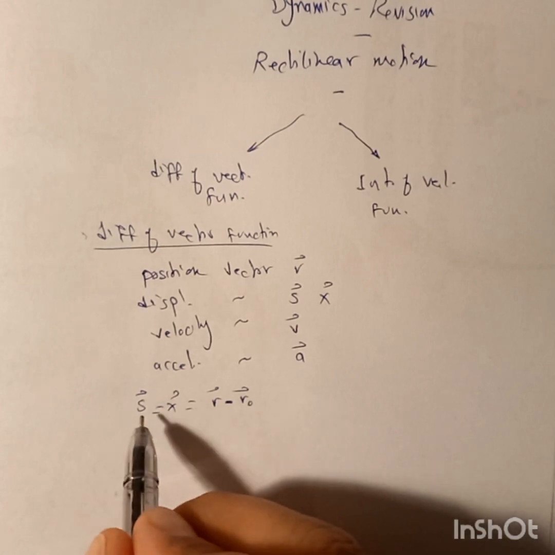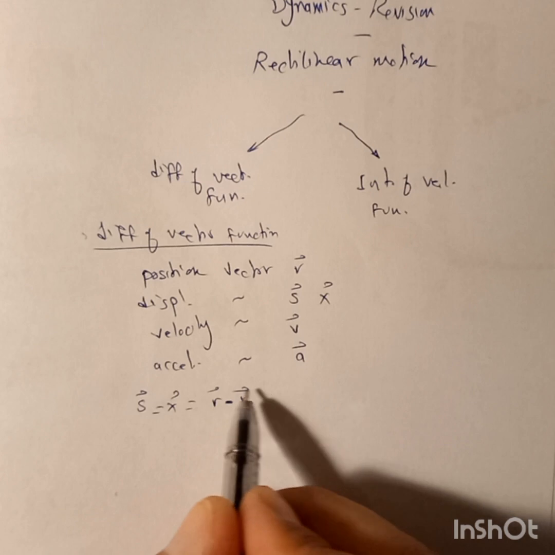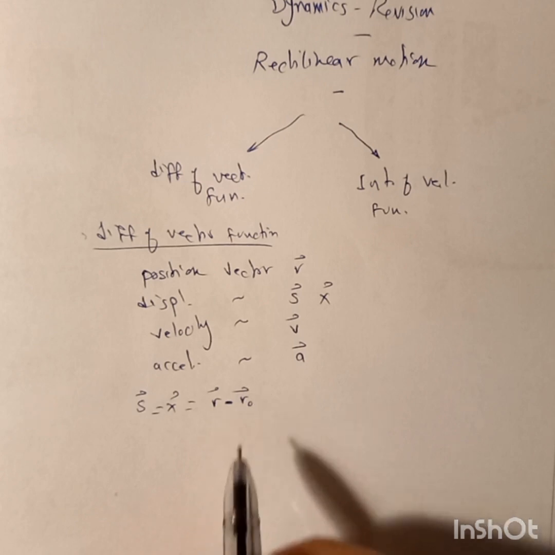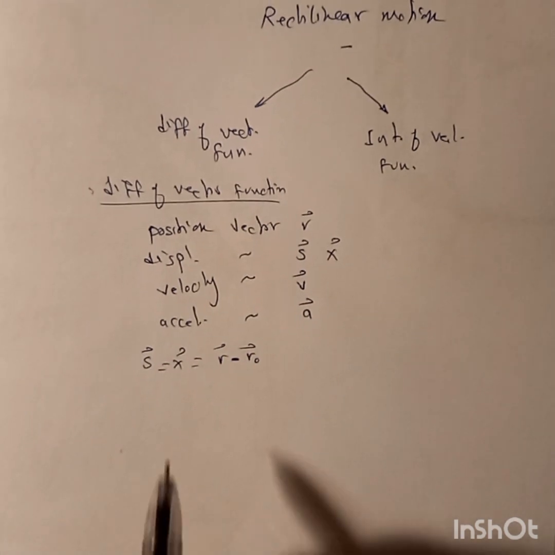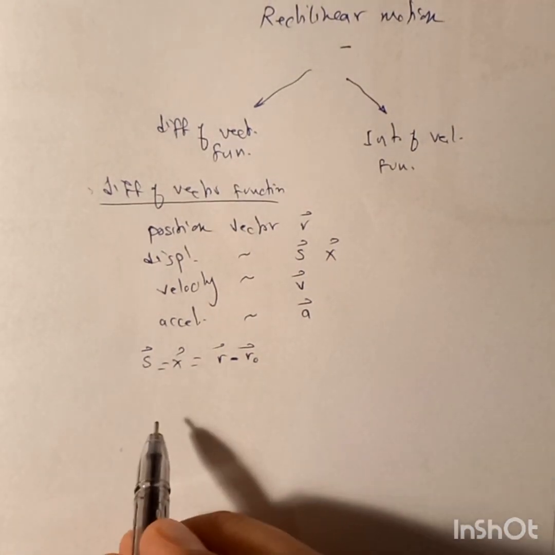S equals R if the body is starting from the origin point, where R naught equals 0. This is the displacement of the body.